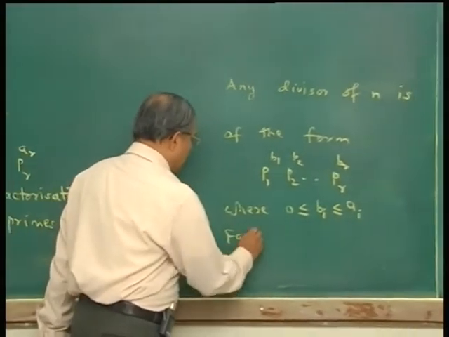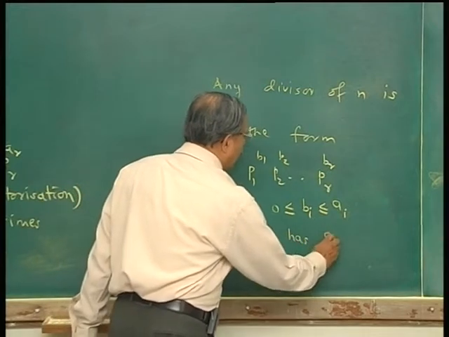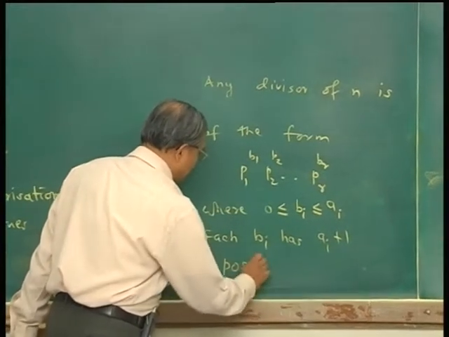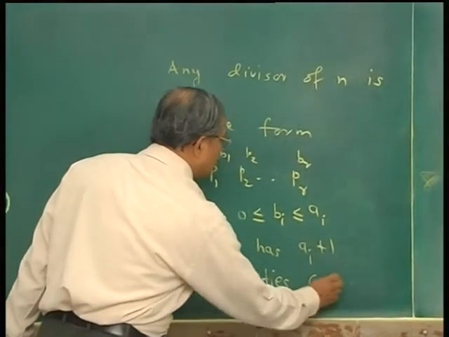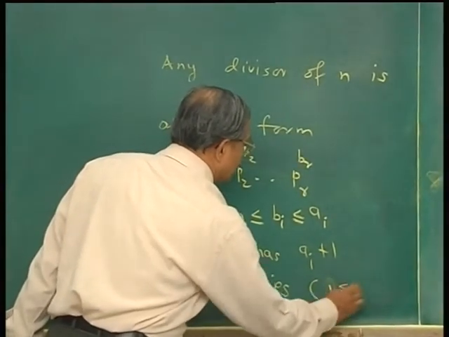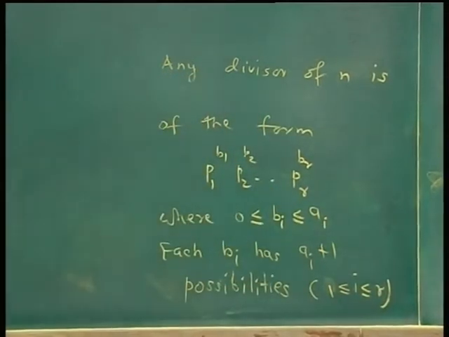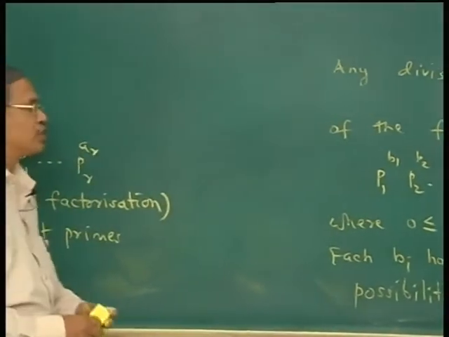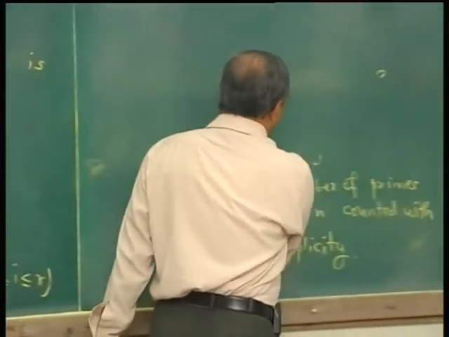Each bi has ai plus 1 possibilities, for 1 less than equal to i less than equal to r. And these different possibilities give rise to different divisors of the number n.